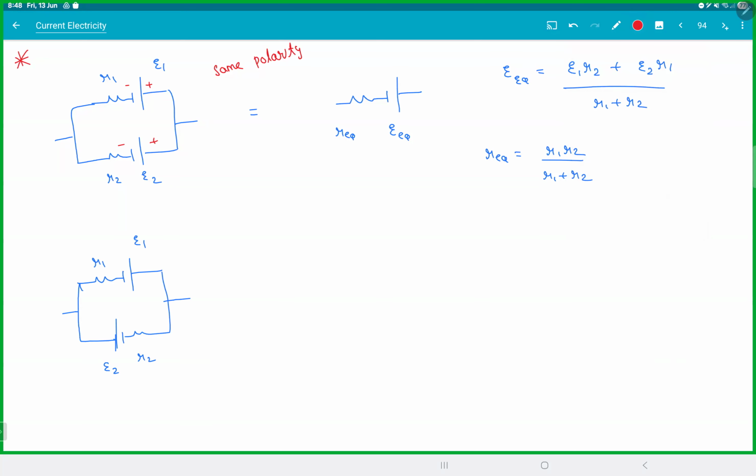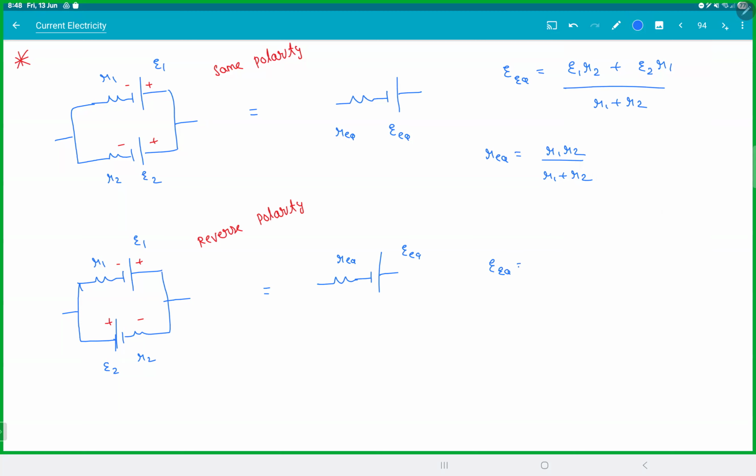It becomes very messy. Reverse polarity, plus minus, plus minus. You have just simply made E2 as minus E2. So we are assuming E1 is still dominating. If E1 is not dominating, the signs will take care of it.